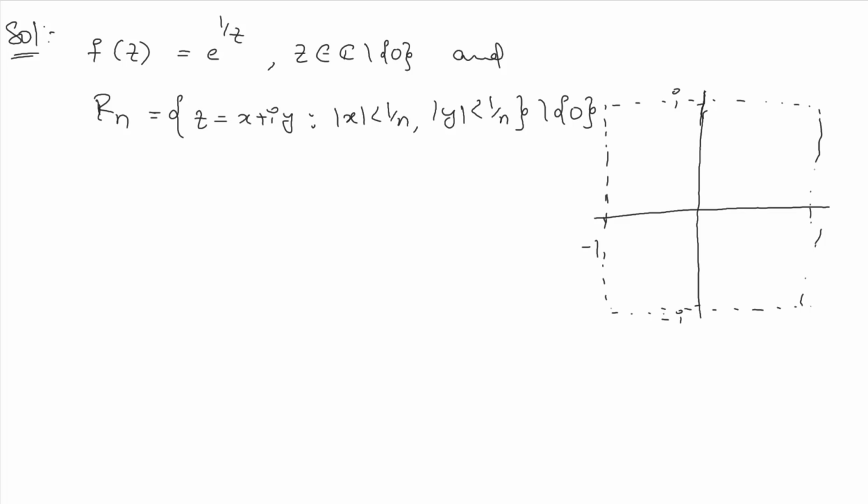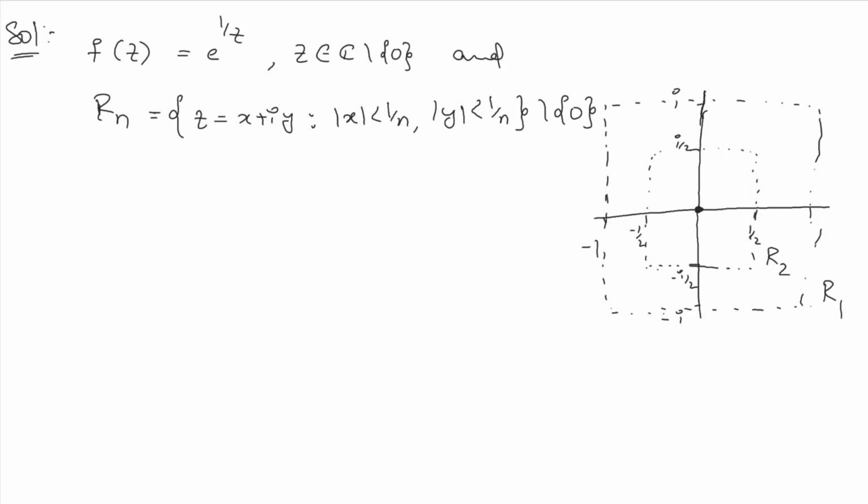So this is the set R1, and we have to remove the point 0. And coming to the set R2, this is 1 divided by 2, this is minus 1 divided by 2, and assuming this as i divided by 2 and this point as minus i divided by 2, we have the set R2 as this set.